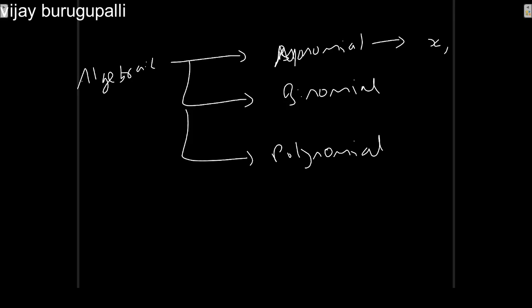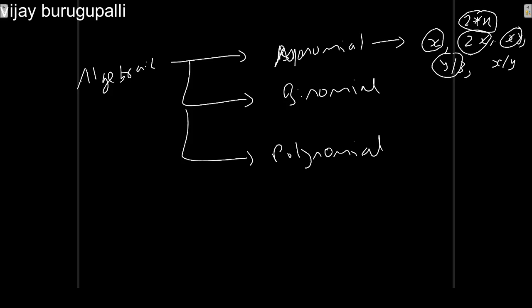For example, x has only one term, so x is called a monomial algebraic expression. Similarly, 2x, which is 2 into x, is considered one term, so it can also be called a monomial expression.